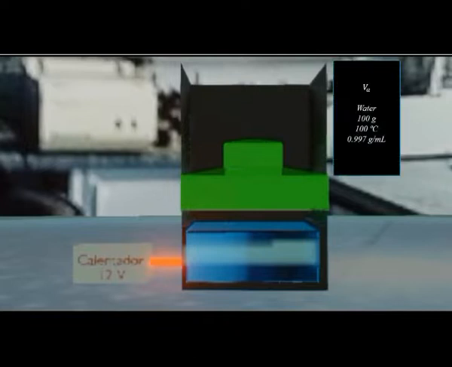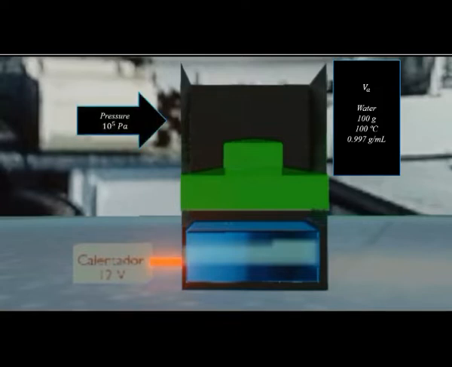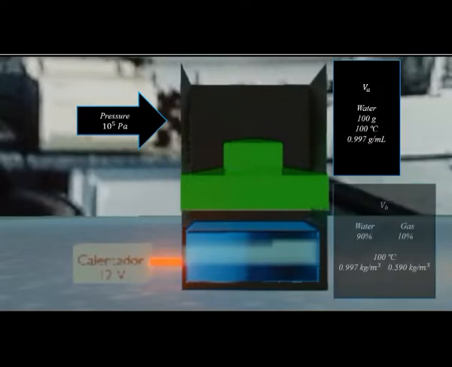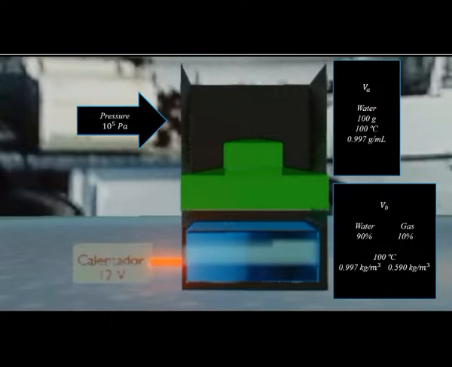Now, let's do a little more complicated exercise. A heater is immersed in a 100 grams sample of liquid water at 100 degrees Celsius in an insulated container on a laboratory bench at 10 to the 5th power Pascal pressure. In this process, 10% of the liquid is converted to gas under the pressure already mentioned.